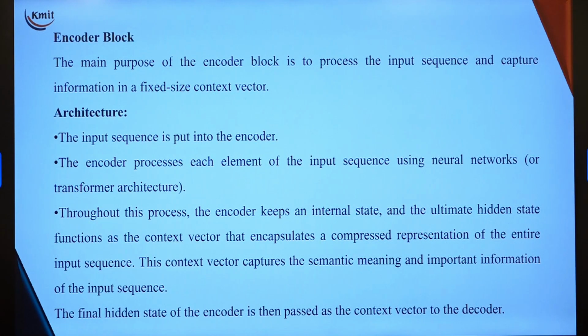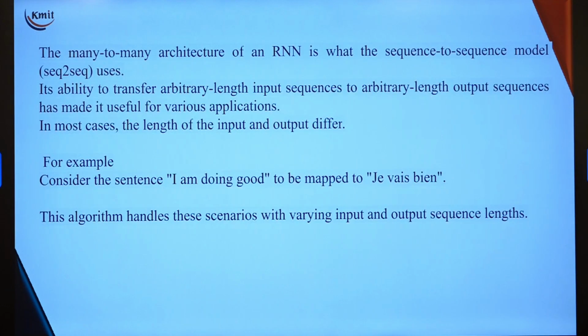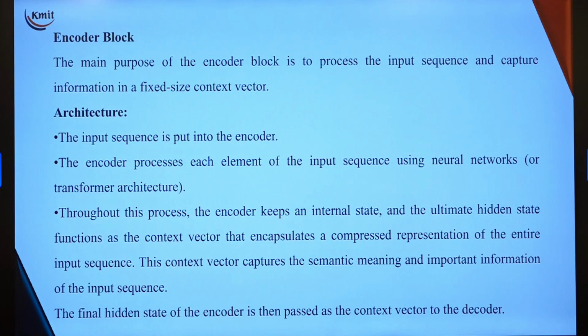During inference, the decoder relies on its previously generated outputs and carries on with the subsequent steps. So basically the sequence to sequence model has the encoder block on the input side and the decoder block on the output side.